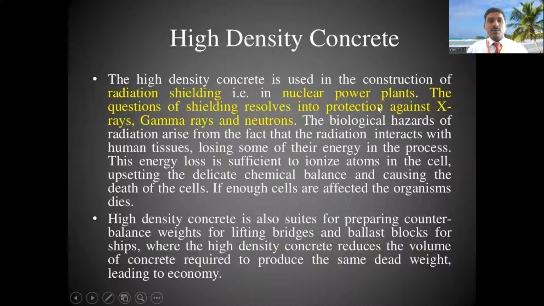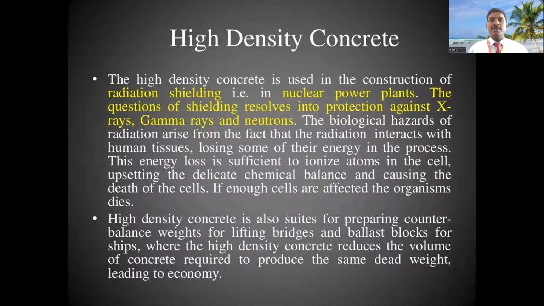Again, if we talk about high density concrete, we generally use it in nuclear power plants, or where we have to protect from X-rays, gamma rays, or neutrons. Where is heat?